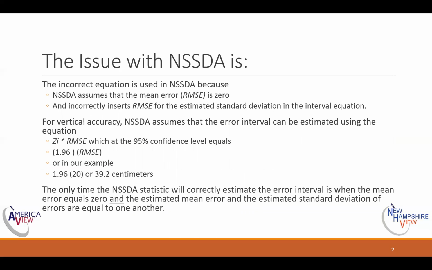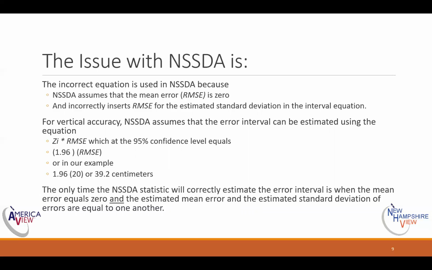Remember that we've got NSSDA, the National Standard for Spatial Data Accuracy, whatever term you like to use there. And there are some issues with that. That is the standard that people use. And once you've calculated root mean square error, you can calculate NSSDA from that.